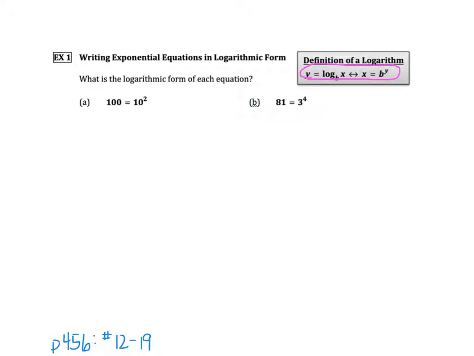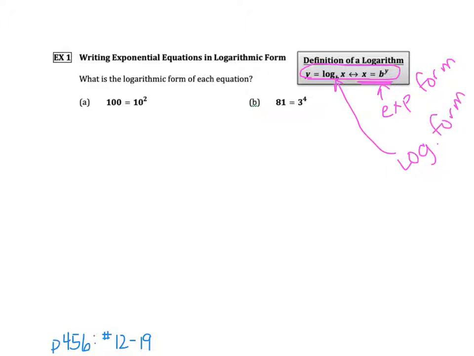You can see here I've got 100 equals 10 squared, and that is super obvious. 10 squared equals 100. So if you look at our definition, you are going to see that this is given to us in the exponential form. If it's written like this, this is what we call the exponential form of a logarithmic function. And if it's written like this, this is logarithmic form.